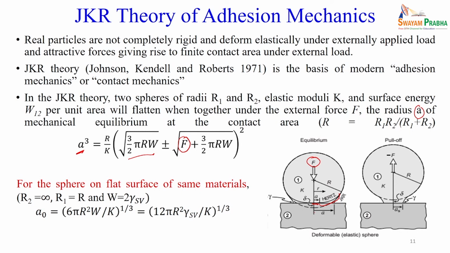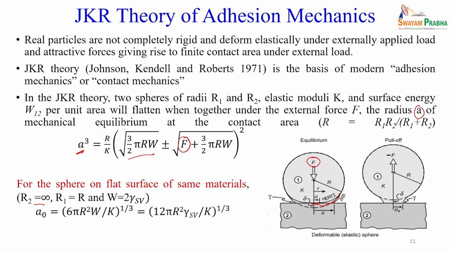Now, if you want to shift this system from two spheres to a sphere and a solid, what you have to consider is that if R2 is infinite, one sphere is considered as a flat surface.